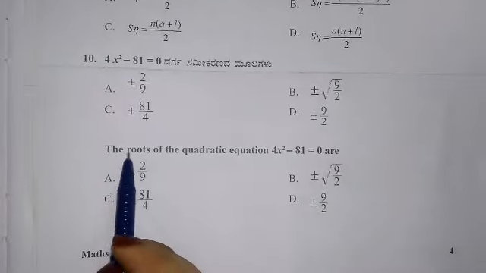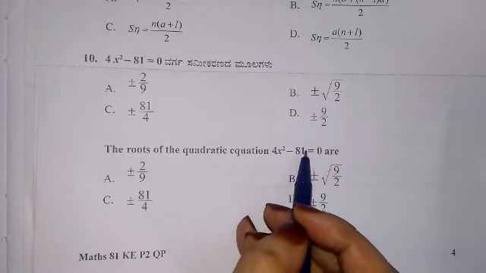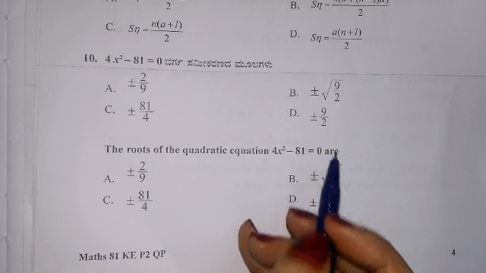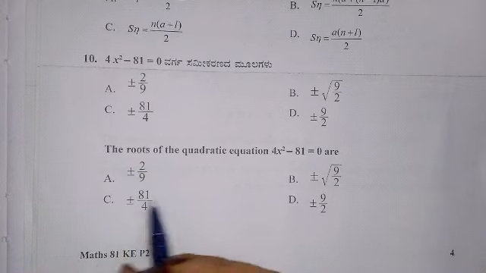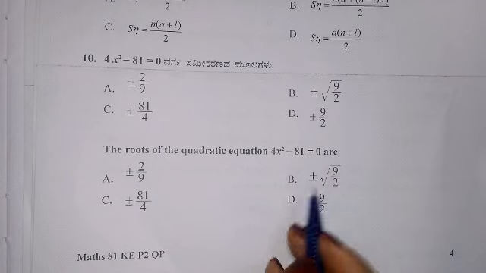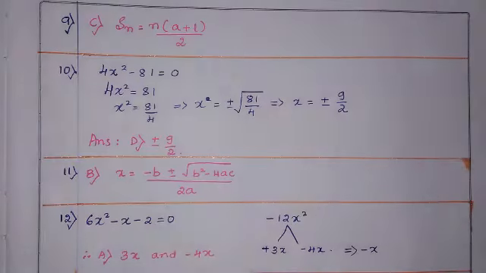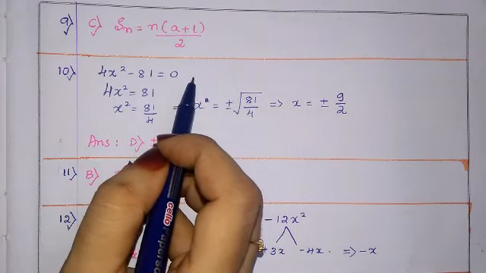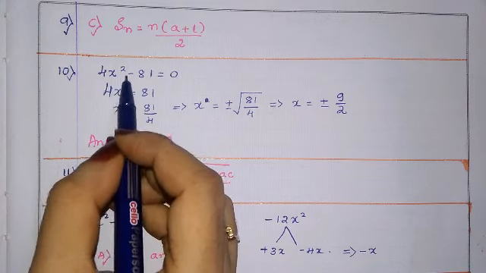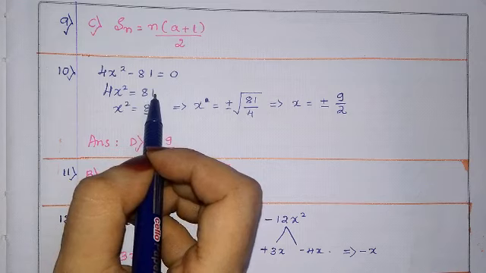The 10th question is, the roots of the quadratic equation 4x square minus 81 equals 0 are. The options are plus or minus 2 by 9, plus or minus 81 by 4, plus or minus root of 9 by 2, and plus or minus 9 by 2. Now 4x square minus 81 equals 0, so 4x square is equal to 81.